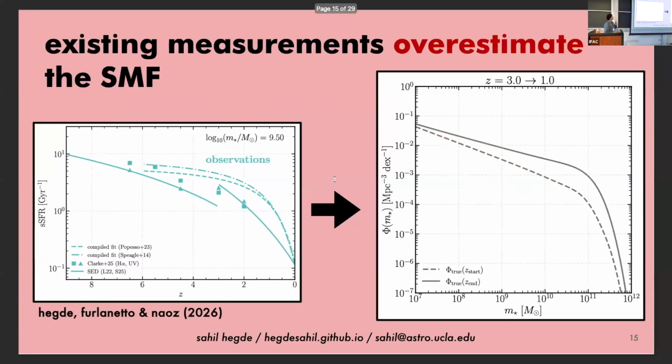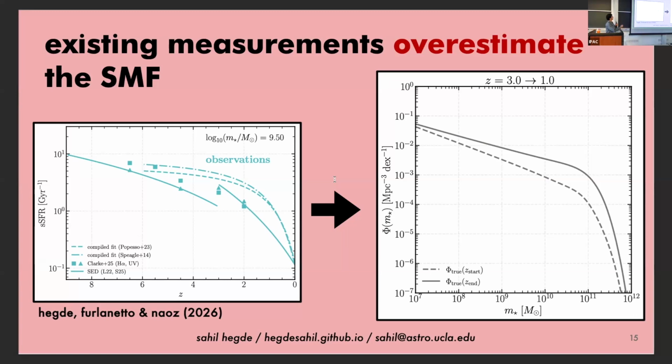Another way to see this issue is if we think about the star-forming main sequence in the context of other galaxy fundamental relations, like the stellar mass function, which I'm now showing here on the right. So here I'm showing the stellar mass function at redshift 3 as a dashed line, and at redshift 1 as the solid line. And I could do this sort of exercise where I take the star-forming main sequence, or one of these observed ones, and I ask whether it's self-consistent with the stellar mass function, since the evolution of the stellar mass function encodes the buildup of star formation over time from the main sequence.